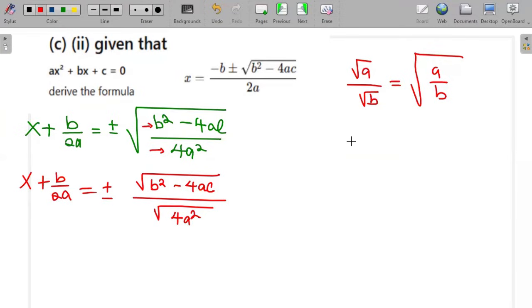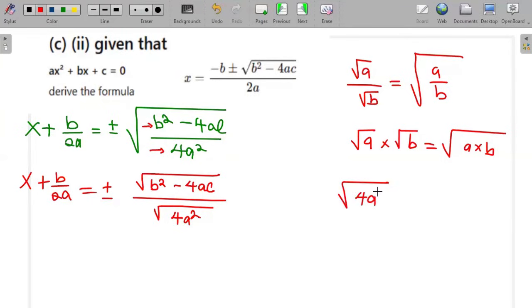Okay, so again, we learned that root of a multiplied by the root of b is the same as the root of a multiplied by b. So that's what we can see down there. So this root of 4a squared, using this property, I can separate into root of 4 multiplied by the root of a squared. So what is the root of 4?